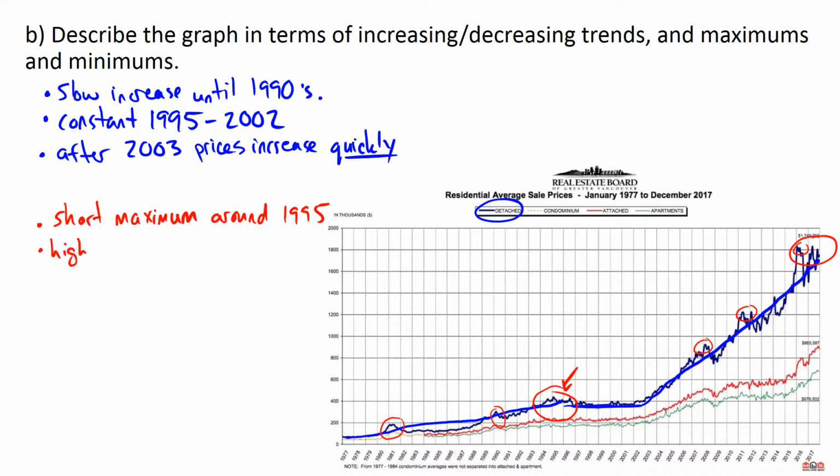The highest maximum in most recent years. And again, there's little tiny minimums we could describe, but I think for this graph it doesn't really make sense to describe the minimums because they don't stand out too much and they don't last very long.